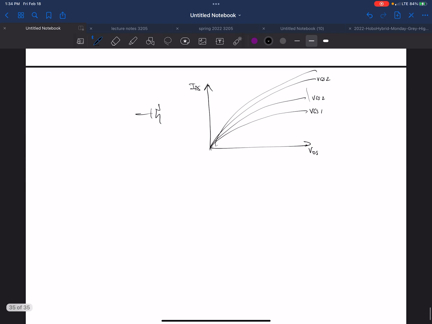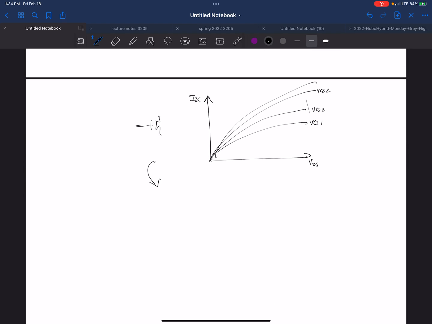There's even another layer beyond this, which is the MOSFET with leakage current, drain-induced barrier lowering, all the second order effects, which aren't going to be so second order by the time you're at the 45 nanometer process node.